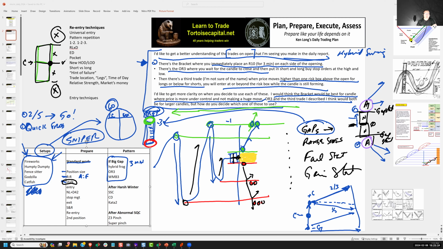And I can just wait for that to unfold maybe on the 30-minute chart. But what I really want to do is pay attention to the ones that have large gaps. By the same token, I also know what the size of the range stat is.